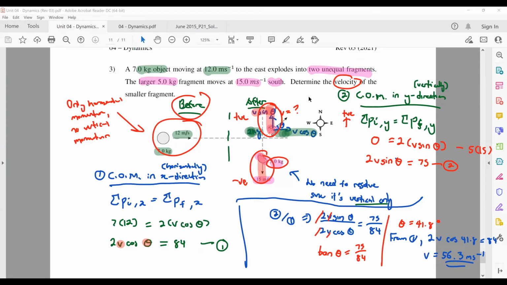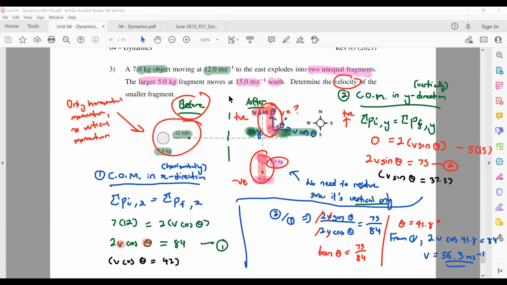Actually, if anything, some people would do their workings like this now. Where they say that V cos theta is actually 84 divided by 2, giving them 42. And then this one they say is V sine theta 75 divided by 2, giving them 37.5.